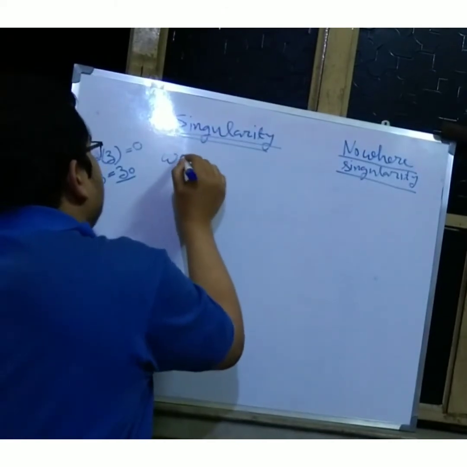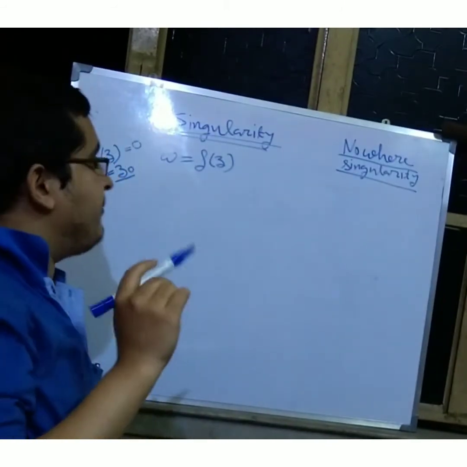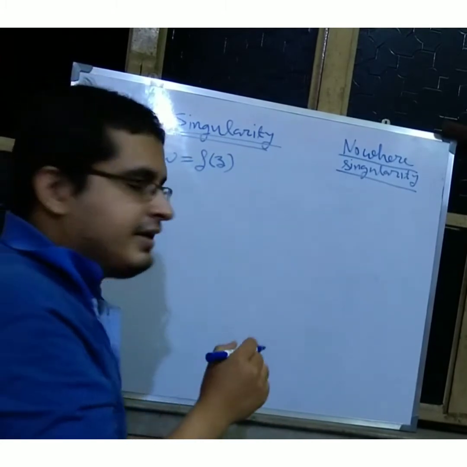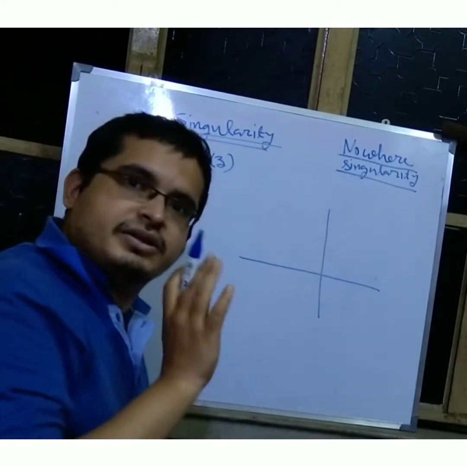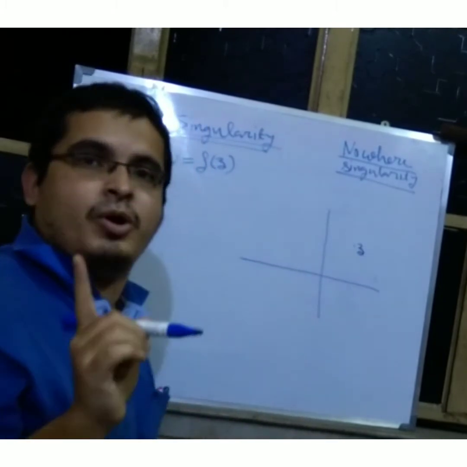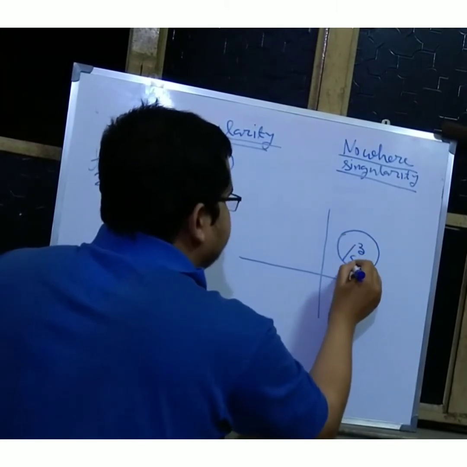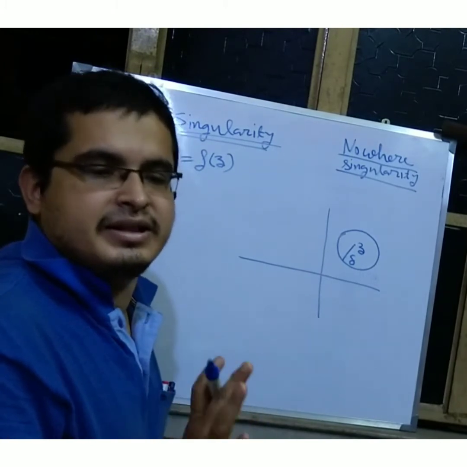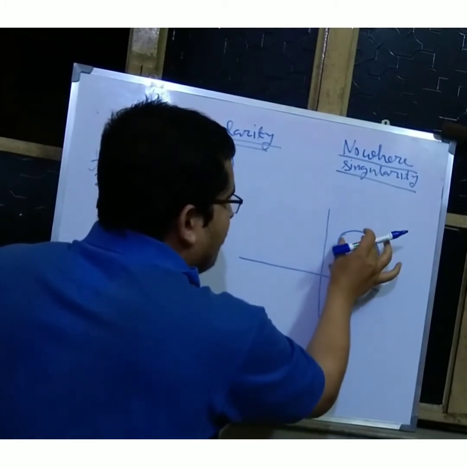Let w equal f(z). Here w is a function of f(z), and this is the graph. z is a point, and I take a delta.